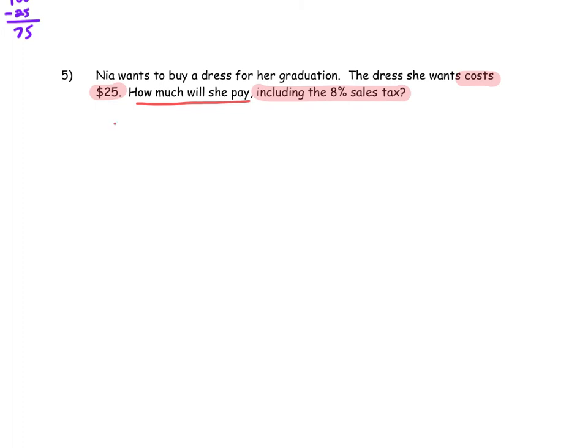So let's start with finding the tax. We're going to use our part equals rate times total, and the tax rate that we're given is 8%, and we're going to multiply that times the total cost of the dress, which is $25. What's the next equation once we convert 8% to a decimal? If you said 0.08, you're correct.